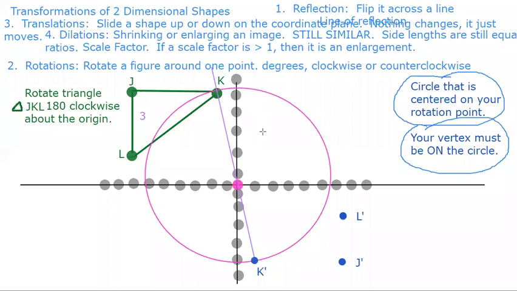They look like this for those of you that can't remember what a compass looks like. It's one of those things, and it has numbers on it. So what you want is your center point. For this example would be the origin. This is where you're rotating from.